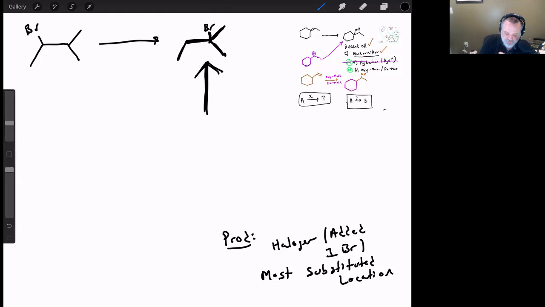And you should be thinking to yourself, I do know that if there was a double bond here, I could add HBr to that double bond, and I would get a bromine added Markovnikov in the most substituted location. In other words, I can do an addition reaction of this alkene to get to that product.